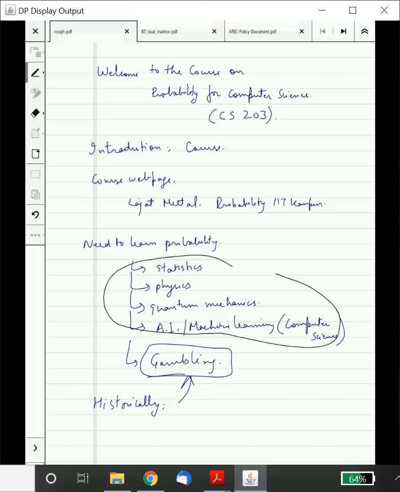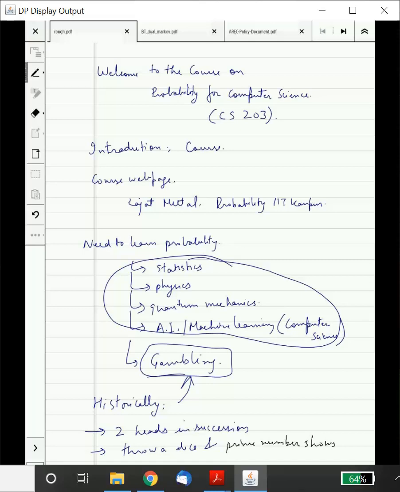similar reasons. I'm almost sure that you were introduced to probability in high school, right? And you have calculated probabilities of events like when you toss a coin, can you get two heads in succession? What is the probability? You throw a dice, and what is the probability that a prime number shows up? Simple questions like that.